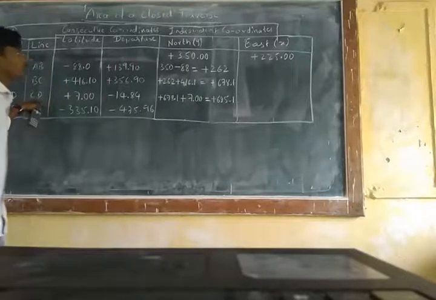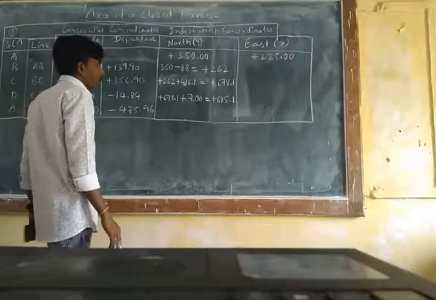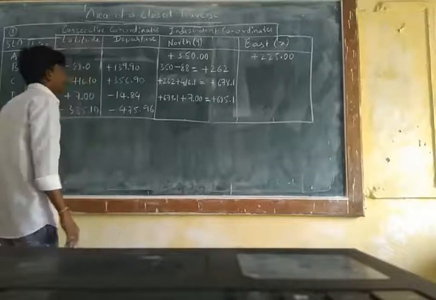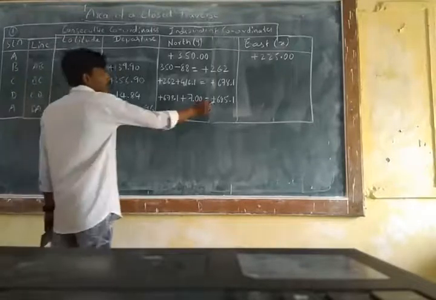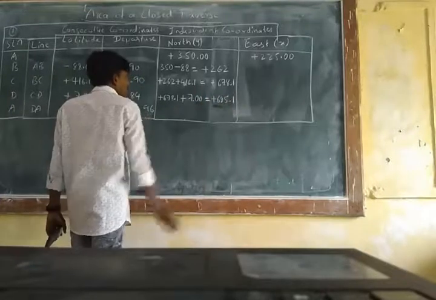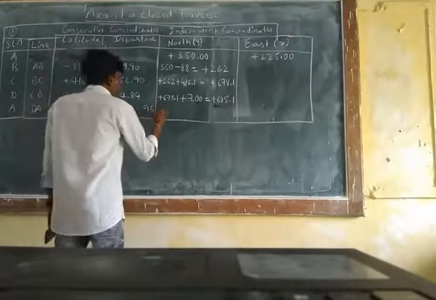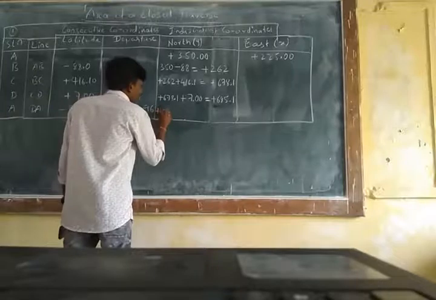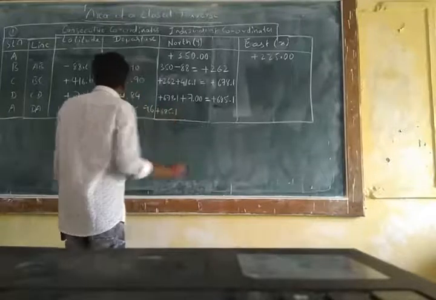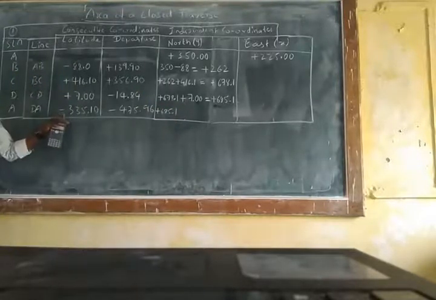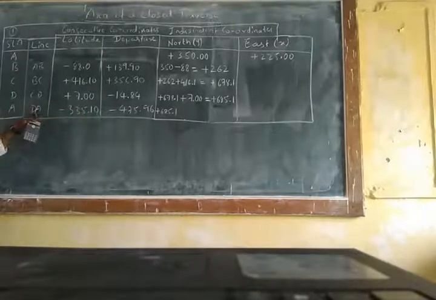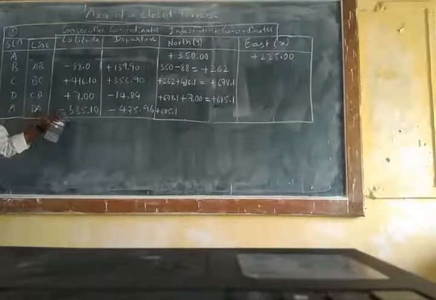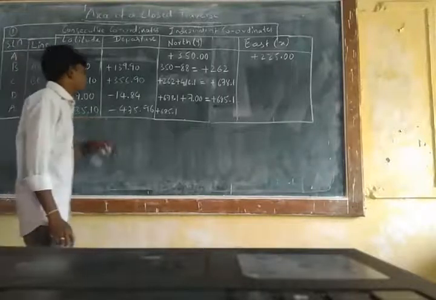Now the y coordinate for the CD line is done. Next, do the y coordinate for the DA line. Again we have to derive the same number 685.1 and write it here, plus 685.1. Now look at here, it has the minus sign in the latitude column. So the number 335.1, which is related to the DA line, the latitude of DA is negative, minus 335.1.